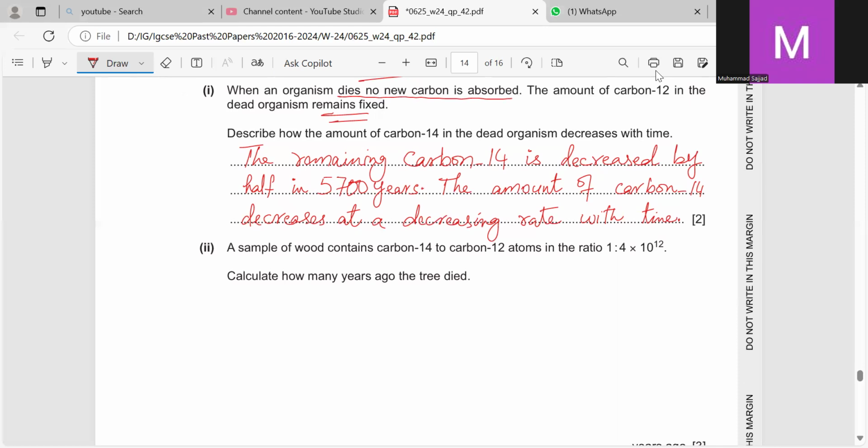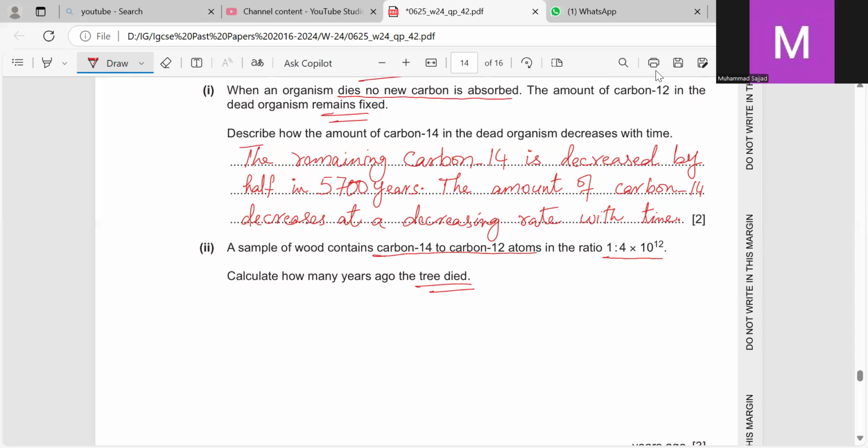So a sample of wood contains carbon 14 to carbon 12 atoms in the ratio now 1.4 times 10 raised to power minus 12. Calculate how many years ago the tree died.